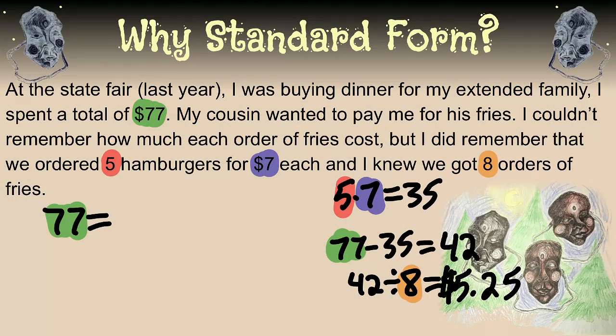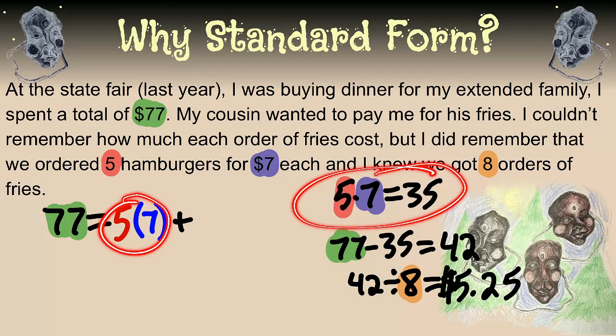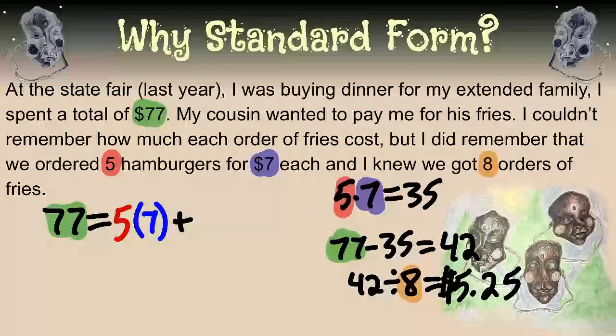So we know that there were 5 hamburgers, and those hamburgers were $7 each. And we're going to add to that. So notice this is the 35 right here. We're going to add to that the cost of each fry. We don't know what that is. We're looking for it. Times 8 fries.